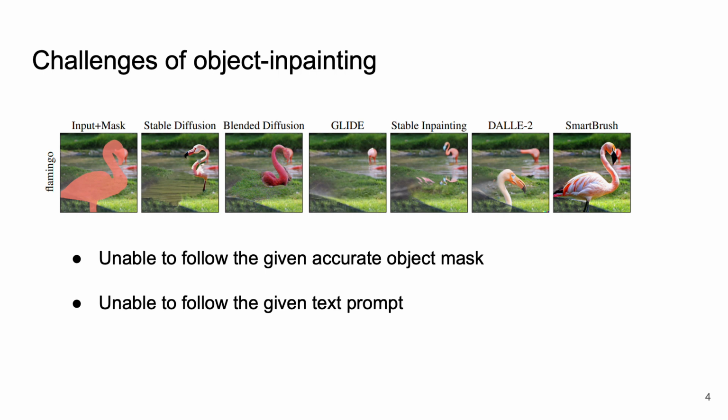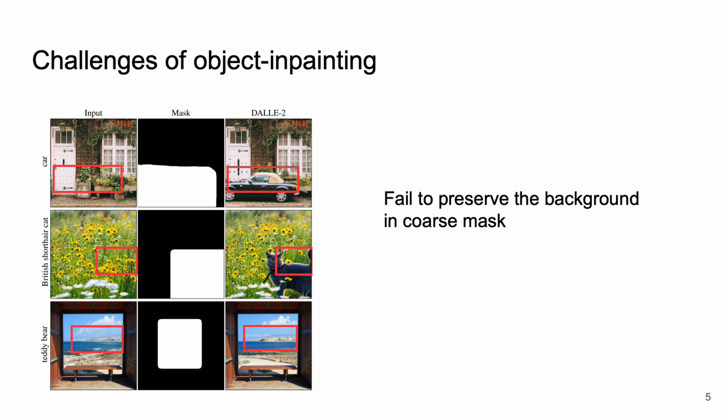Also, since some methods randomly erase part of the objects in the training images, they are unable to follow the given text prompt. For example, GLIDE and Stable Inpainting just recover the mask area as background, as we can notice here. So it's quite challenging.